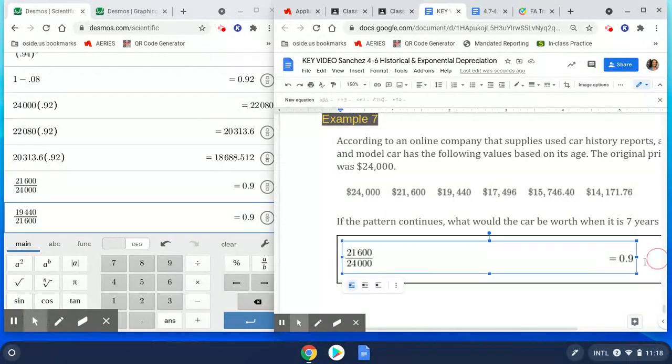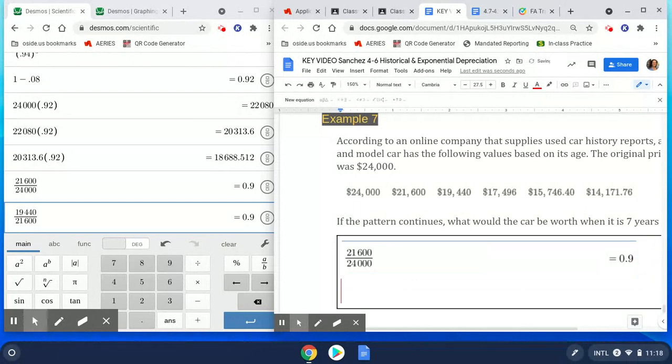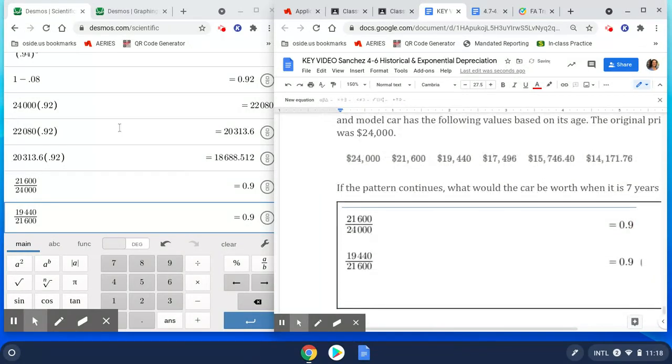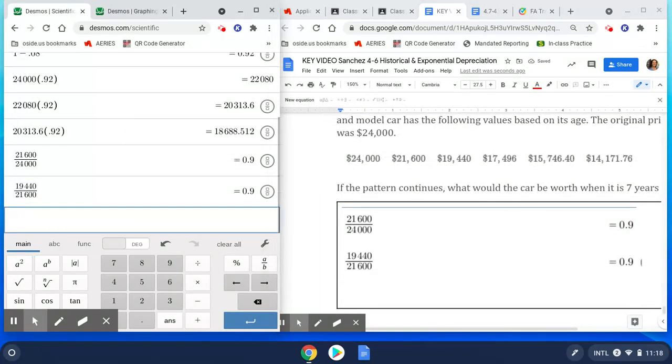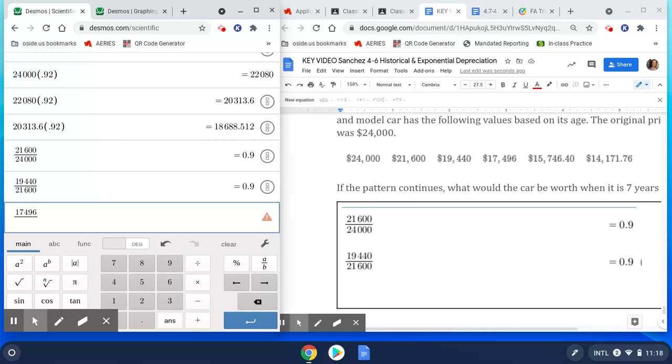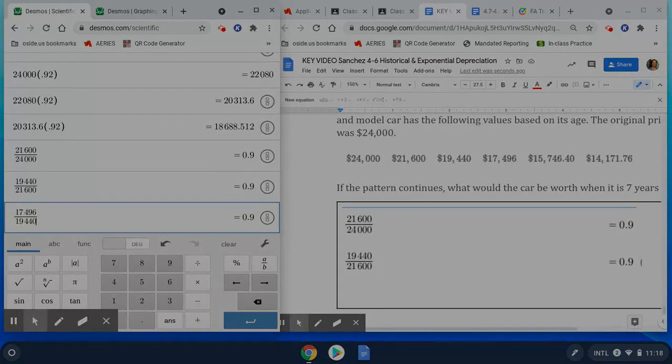What do you think is going to happen every time we divide all of these? You got it. It's going to keep coming out to 0.9. Let's do one more just to be safe. 17,496 divided by 19,440. And oh, look, it's 0.9. They're all going to come out to 0.9, just like you said.